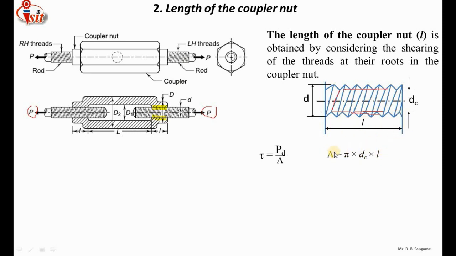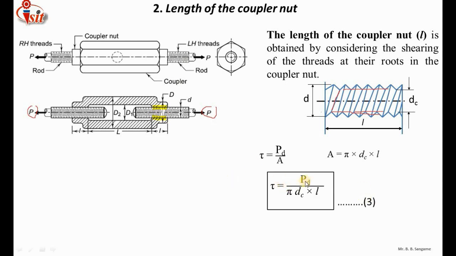If you increase the length, the area is going to increase. If you increase DC, the area is going to increase. The total shear failure depends on the area. If you increase the area, shear stress is going to reduce. If you decrease the area, shear stress is going to increase, and the possibility of shear failure is going to increase. So let us put the value of A in this equation.